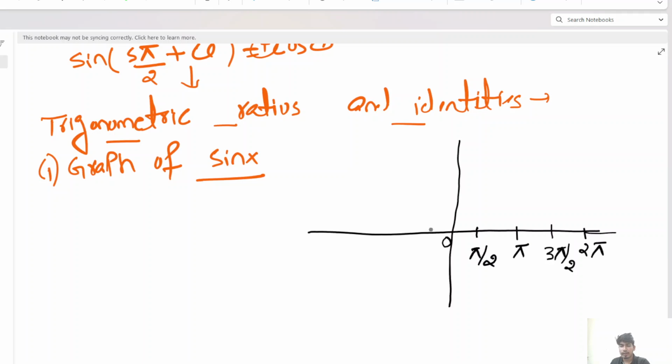And here is minus pi by 2, minus pi, minus 3 pi by 2, and on the left minus 2 pi. Then we know sine 0 is 0 and sine pi by 2 is 1, so the graph goes smoothly like this, and here it is also like this.